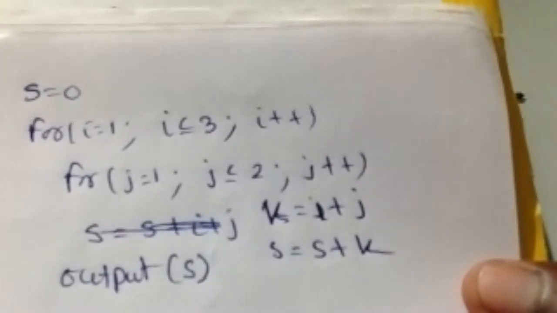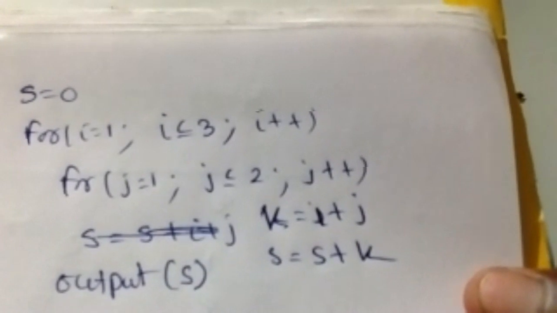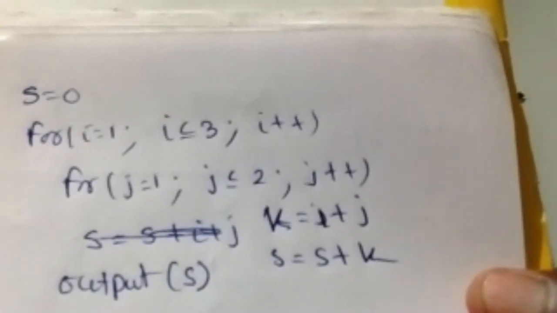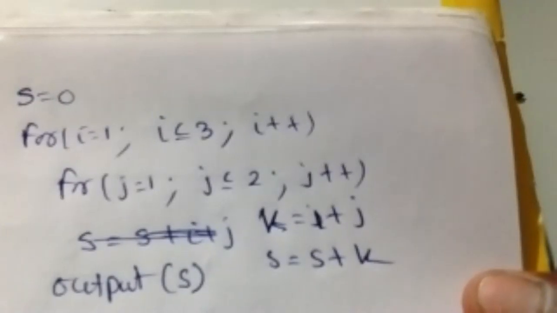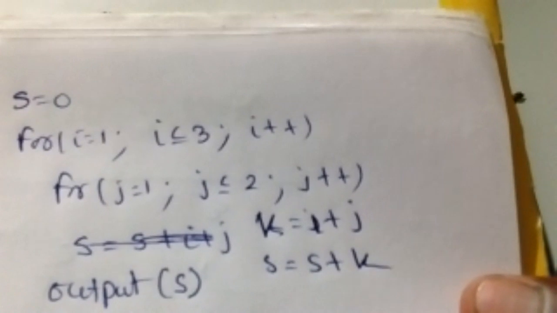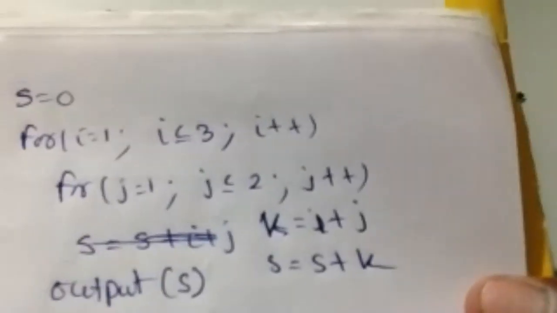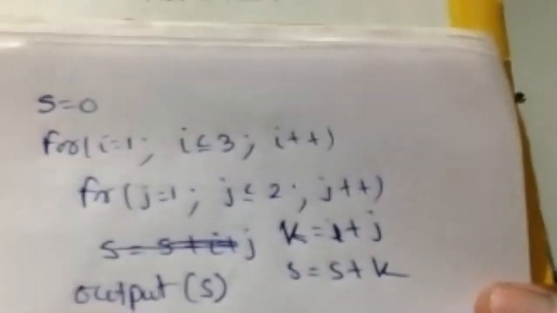S equal to 0, for I equal to 1 to 2, I less than 3, for J equal to 1 to 2, J less than 2, K equal to I plus J, S equal to S plus K. S is initially 0.